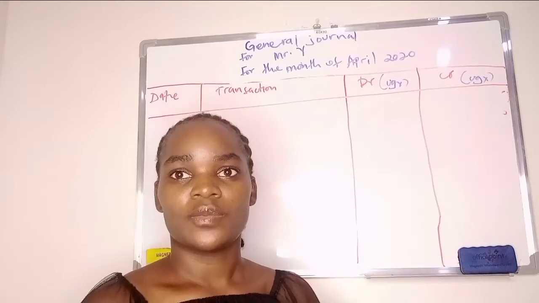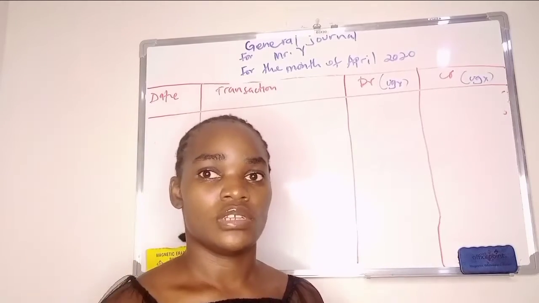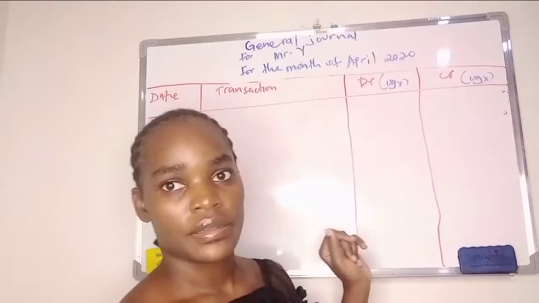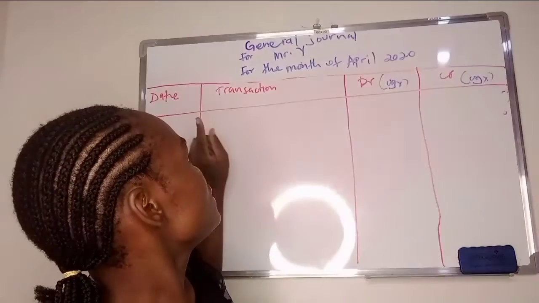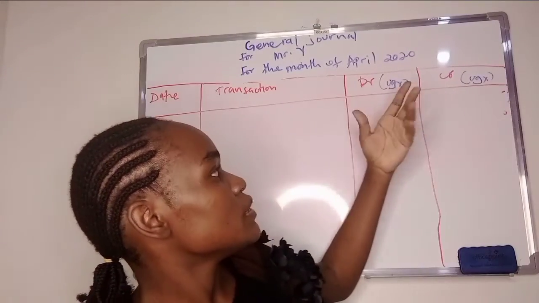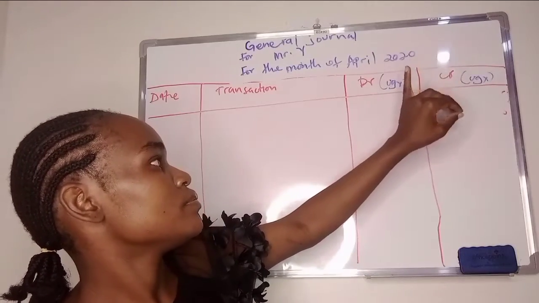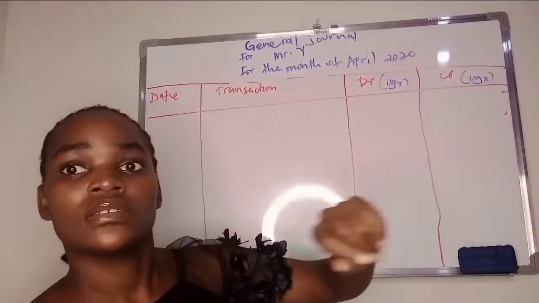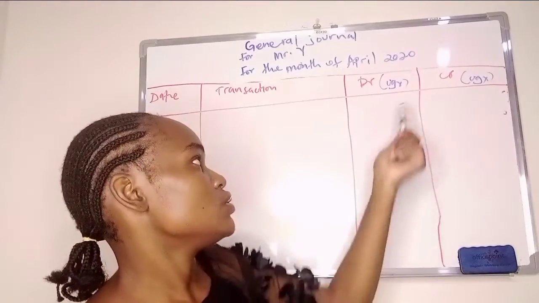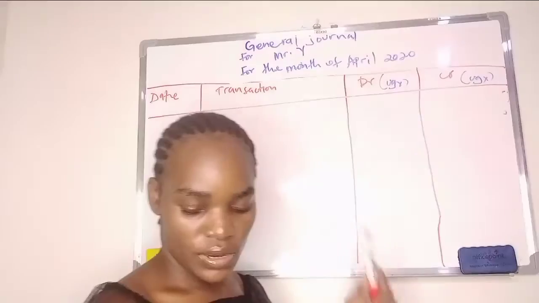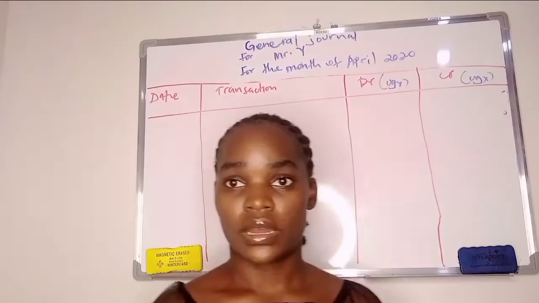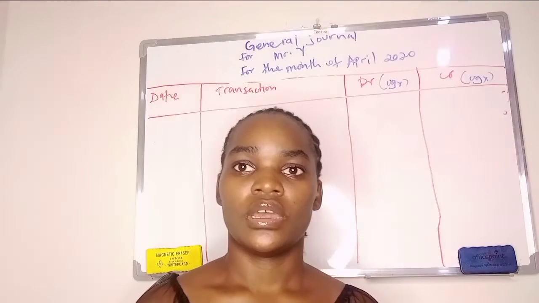Then the formatting of both the journal and the ledger is like this: date, transaction, debit, and then credit. Then here you put the currency, UGX. In case it's in dollars, you put dollars, depending on the currency that I've given you in the question.